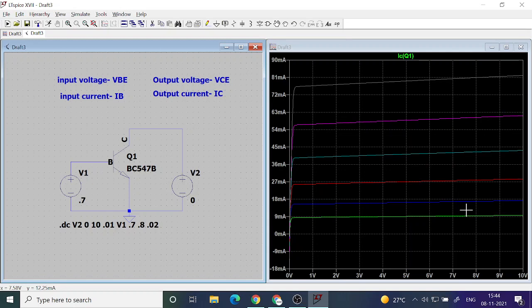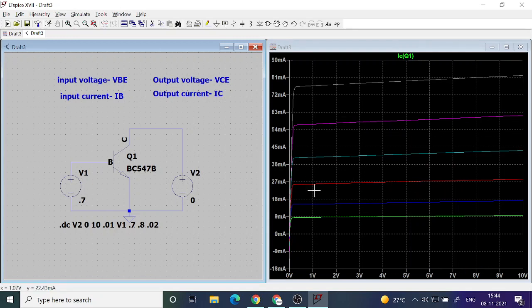Questions? Ask questions. Sir, can you please repeat what you said? If you look at this curve, you can see that the output current doesn't vary much with the output voltage. Output voltage is changing from 0 to 10 volt, but the current is almost remaining constant.